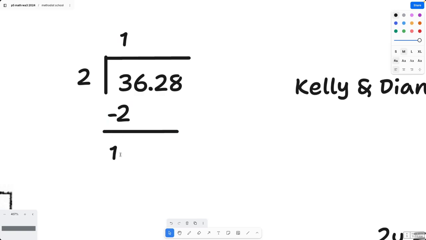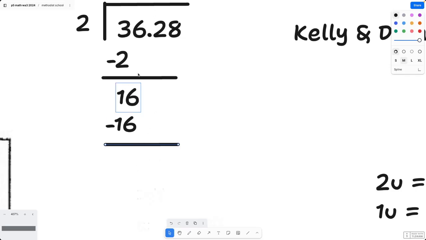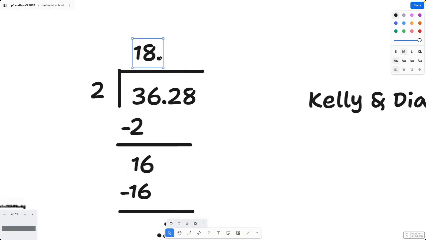We cannot have 1 minus 2, so we bring down the next number, 16, so we minus 16 as well. And this gives us 8, 8 times 2 is 16. Then we bring down the next number, 0.2, and we can minus 2 as well, which is basically 1.